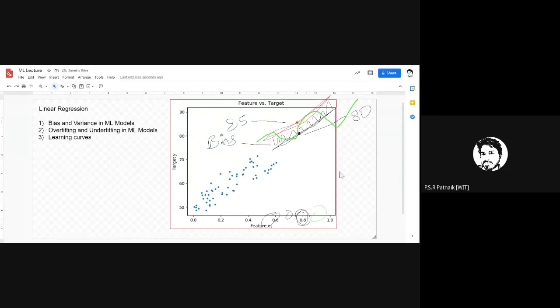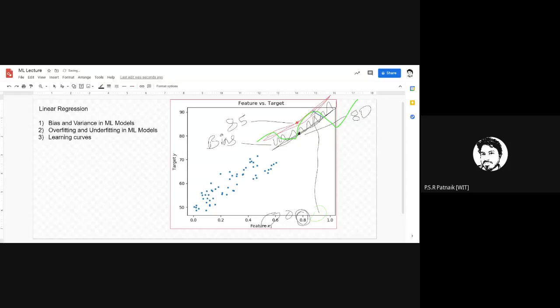Assume that my machine learning, instead of this red line, has guessed this green line, right? When it has guessed this green line, for 0.6 you can see here it has guessed a wrong value, but for 0.8 it has guessed the right value. See, the green line actually falls on the 0.8 prediction value, but for some value here, it has once again deviated from the expected value at this point.